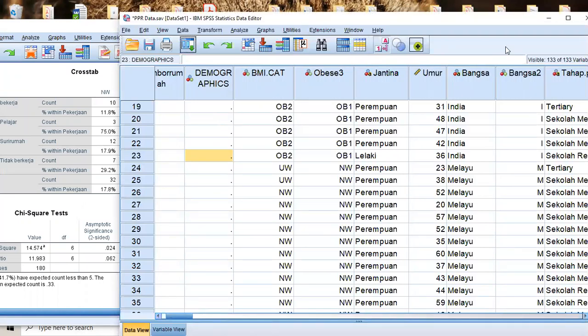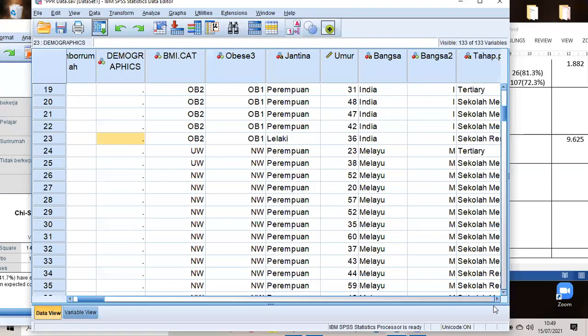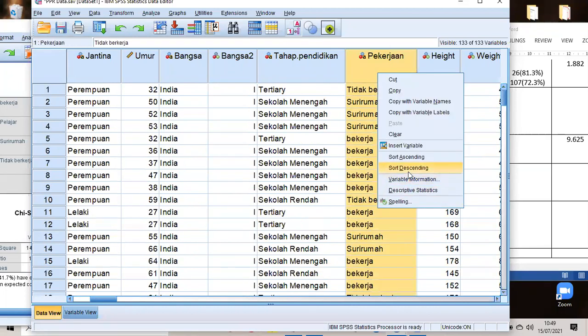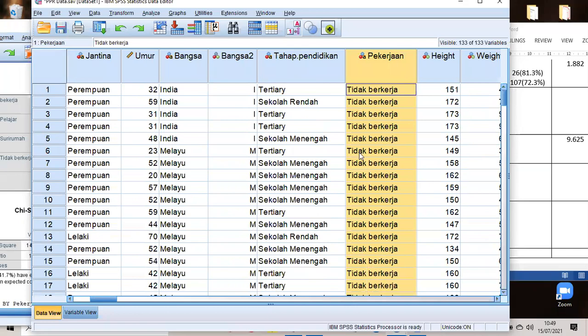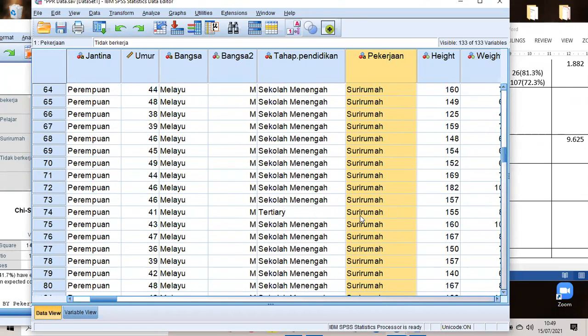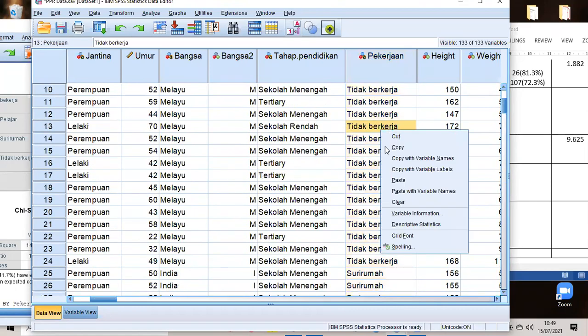They're totally different. So now, for occupation, maybe we can, now this applies for all the groups. The pelajar, okay, pelajar, we're going to convert to not working, tidak bekerja.